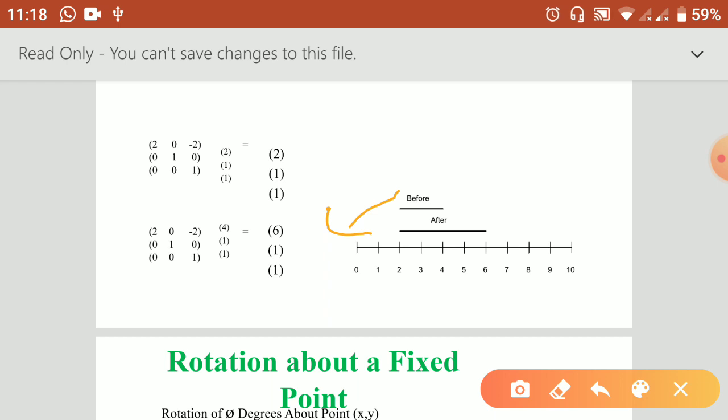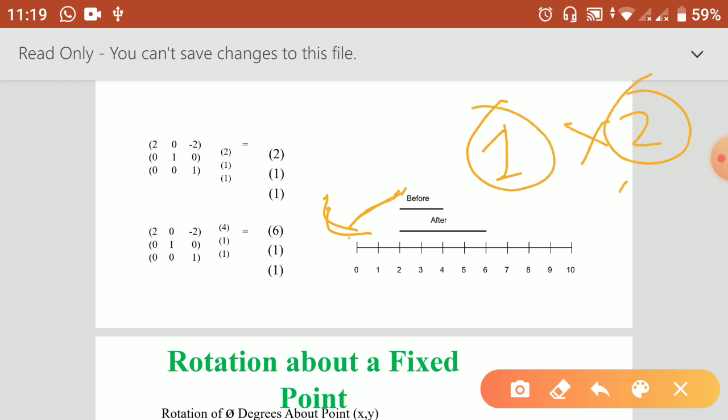So the first operation is we need to translate it towards the origin. This is operation 1. Then we will scale it, so it will be operation 2. We need to multiply it. Third, we need to inverse translate it to its original position. So there will be three operations we need to multiply.